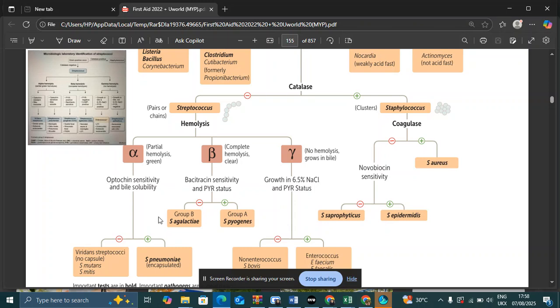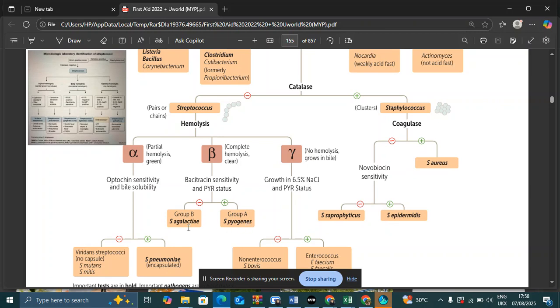Okay, so why is this related to our rheumatic fever? Because the most common cause of rheumatic fever is group A beta hemolytic bacteria, which is Streptococcus pyogenes.